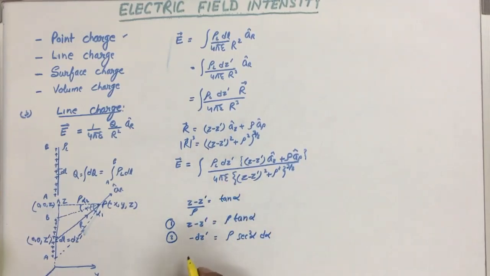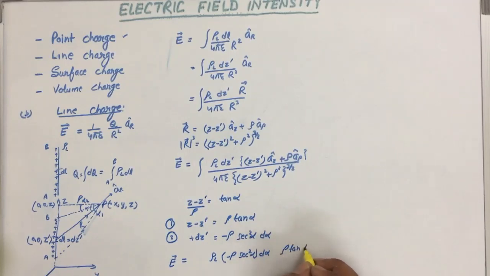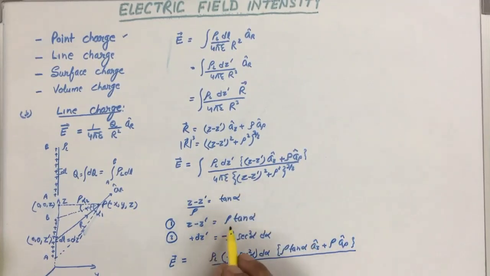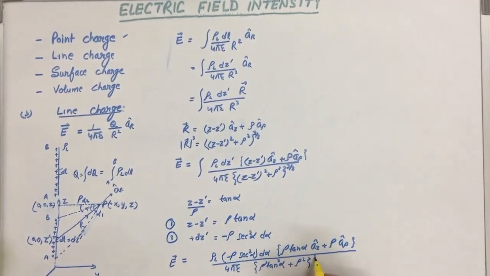Putting it here, the electric field intensity will be the fixed value rho L, dz multiplied with minus from both sides, minus rho sec square alpha d alpha, and for z minus z dash you can put rho tan alpha, az plus rho a rho, divided by 4 pi epsilon, (rho tan alpha) square plus rho square, to the power 3 by 2.